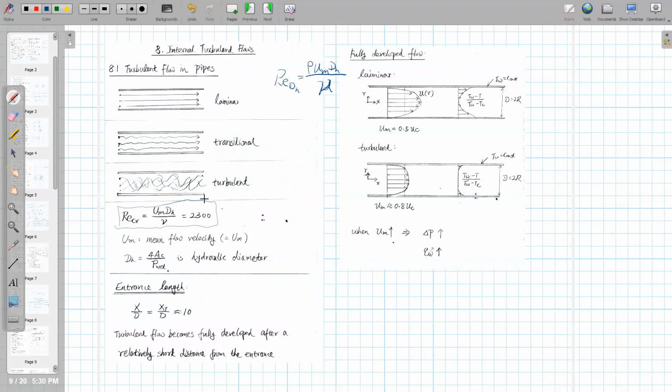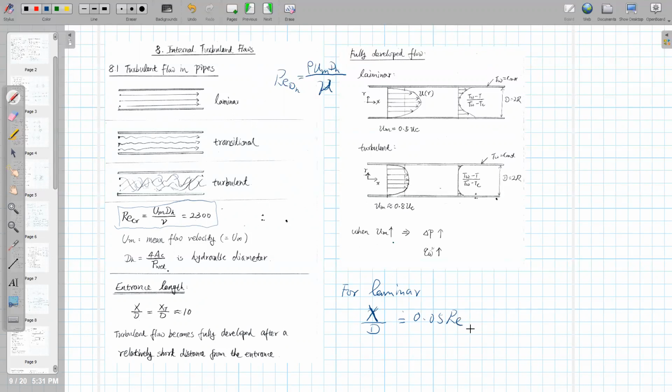Another special thing for the internal flow is the concept of developing flow and fully developed flow, right? For developing flow, we need to know the entry length, in which the flow will become fully developed. Just remember that for laminar cases, from our chapter 3 lecture, the entry length for the velocity boundary layer, x over D, is approximately 0.05 Reynolds number.